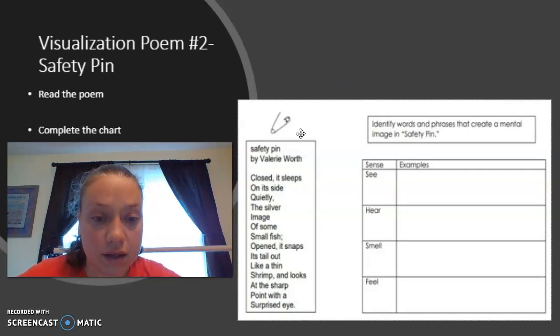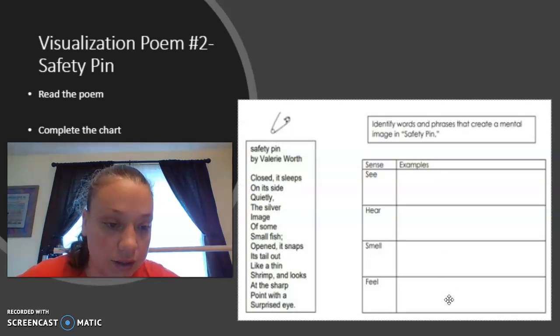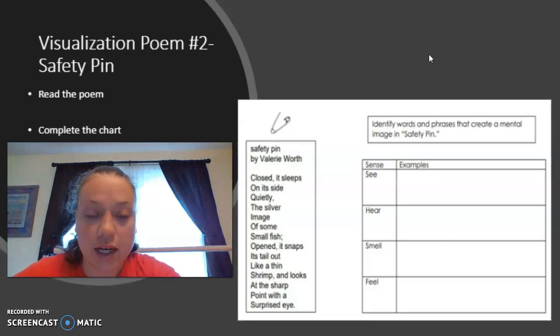So here is the safety pin. Here is the poem, and here is the chart. Your job today, your assignment, is to look at that poem, either listen to it or reread it, and write down any examples that help you see, hear, smell, or feel that safety pin.